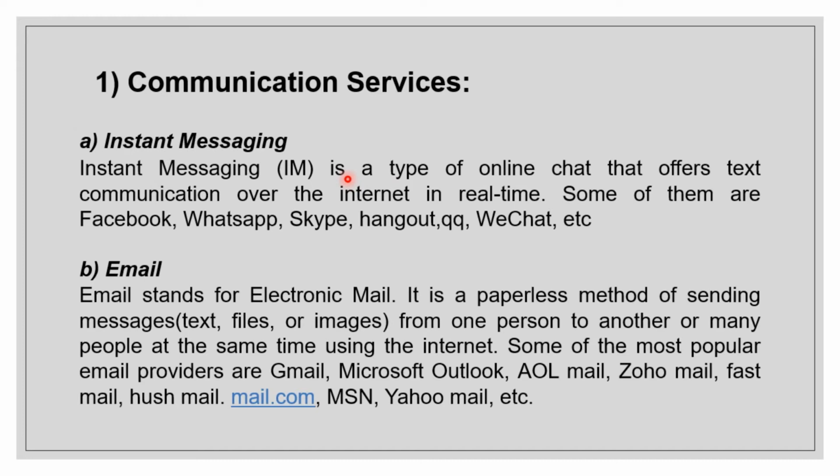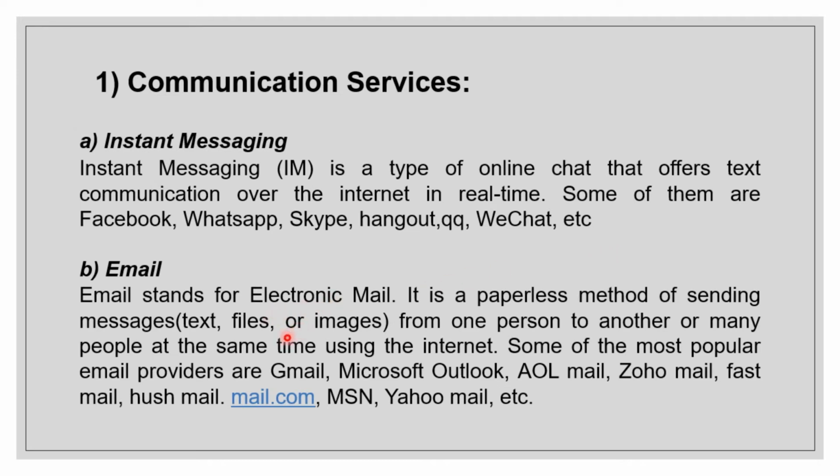First, we have the communication services. So we can communicate in different ways, like instant messaging. It is a type of online chat that offers text communication over the Internet in real time. So examples are Facebook, WhatsApp, Skype, Hangouts, WeChat.